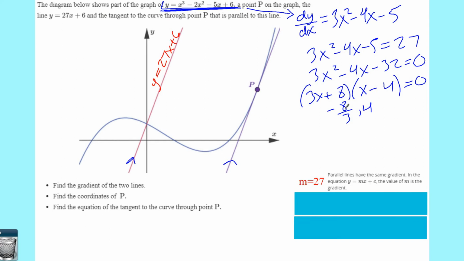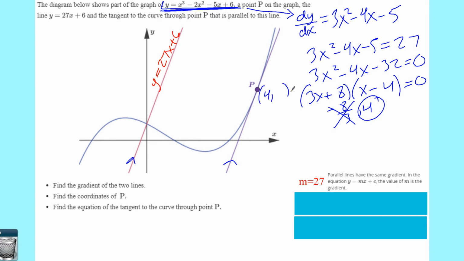All right, well, look at where it is on my graph. This represents my x value, and it doesn't really make sense for my x value to be over here because I'm in the first quadrant. So we're going to rule out the -8/3 and stick to x being 4. So at this point, we're at 4 comma what?